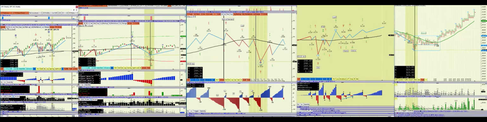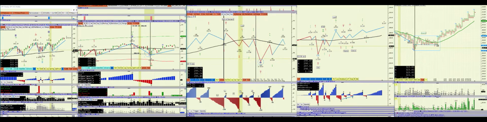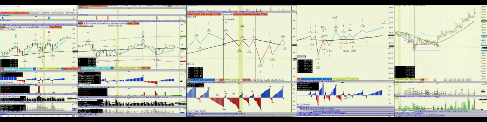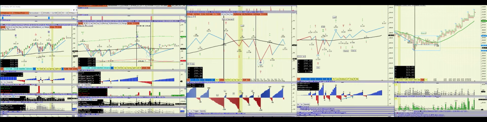As it pulled back, I took a look at the daily chart. The daily chart showed a very clear pullback to the support area, and it showed a climax, because on the pullback you had high volume on the last down bar. That's a minor climax.